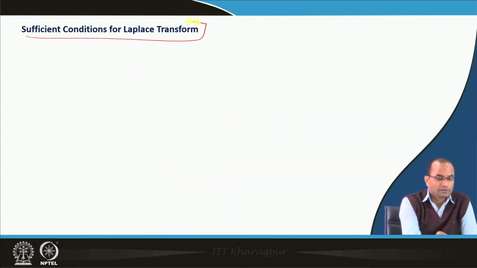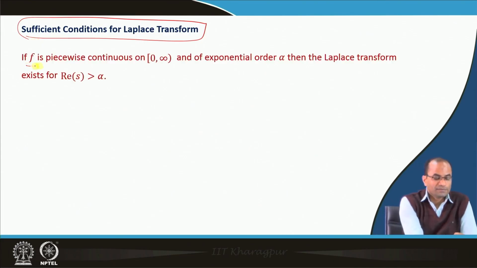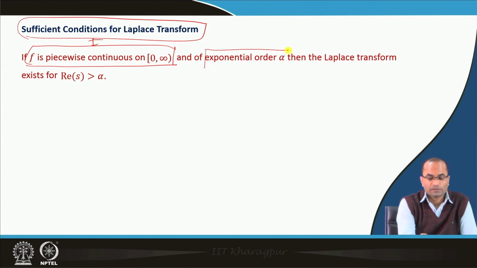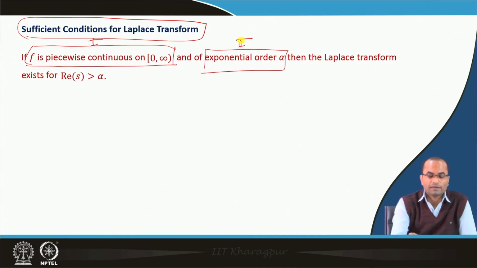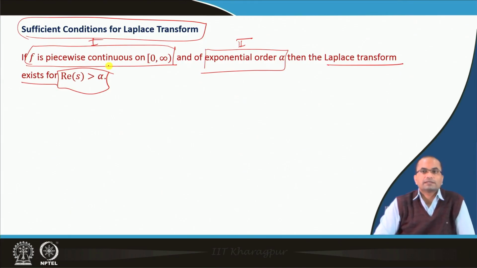Now, we are coming to the main result of this lecture, and that is the sufficient conditions for a Laplace transform. So, what we have, if f is piecewise continuous, that is the first condition here, the piecewise continuity, and the second condition is the exponential order alpha. So, if a function satisfies these two conditions, piecewise continuity and exponential order alpha, then the Laplace transform exists for all real s greater than exactly this number, this order alpha.